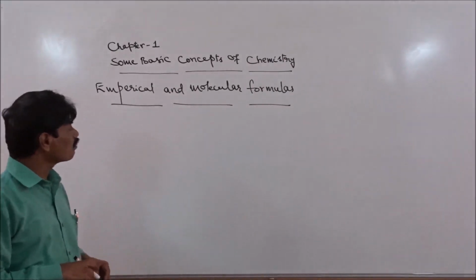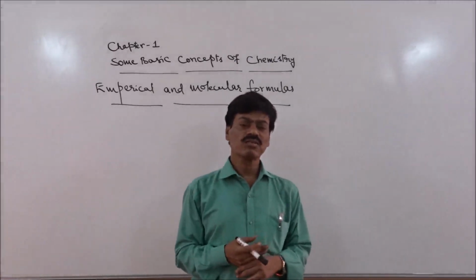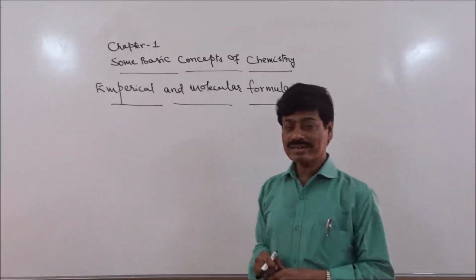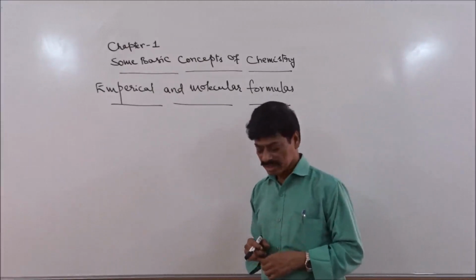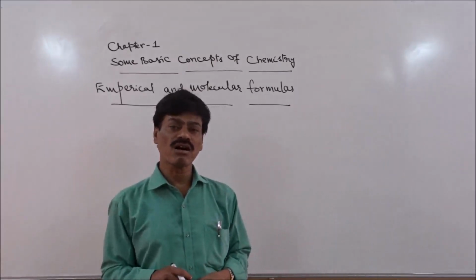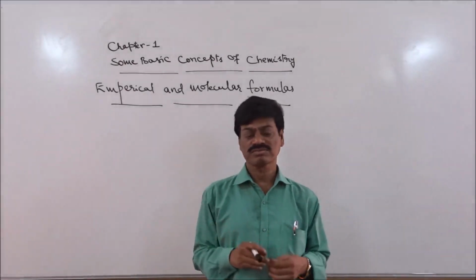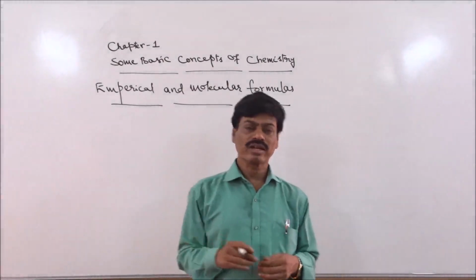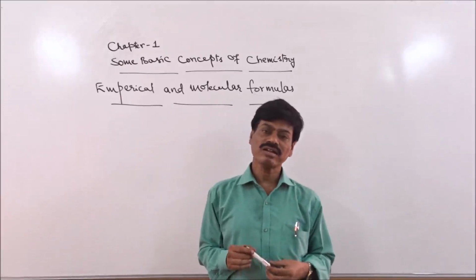Before going to discuss the empirical and the molecular formulas, let us see what is meant by formula. We have 118 elements and they are represented by symbols. Same way, when the element exists in the form of more than one atom, like diatomic, triatomic, octatomic, tetraatomic molecules, in such cases we write the formulas for elements.